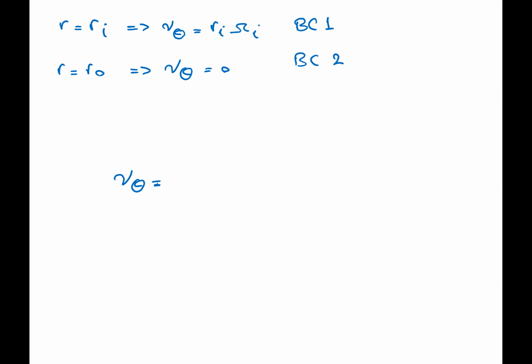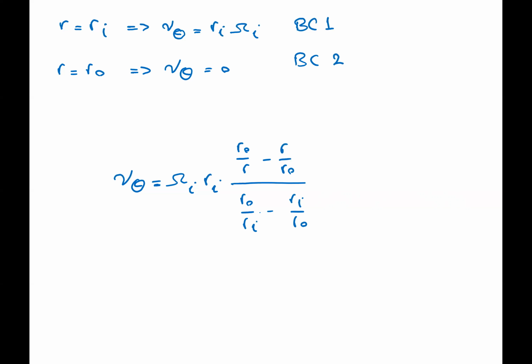And you need to do a little bit of simplification, and then you have omega i, ri, and then we have ro over r minus r over ro, sorry, and then we have ro over ri minus ri over ro. Okay, so omega i is constant, ri is constant, ro is the outer radius and is constant.